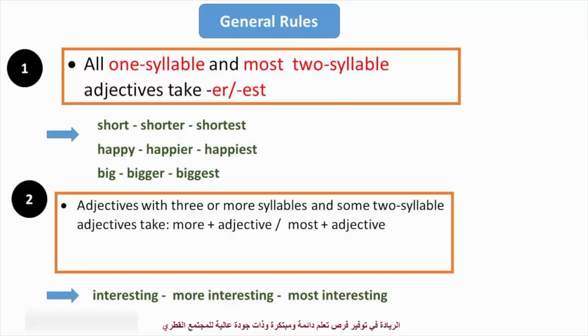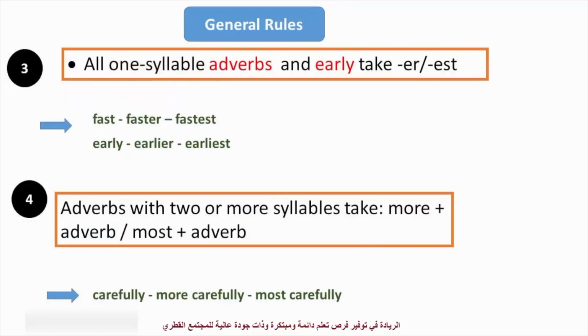2. Adjectives with 3 or more syllables and some two-syllable adjectives take more plus adjective or most plus adjective. For example, interesting, more interesting, most interesting. 3. All one-syllable adverbs and those ending in ly take er or est.